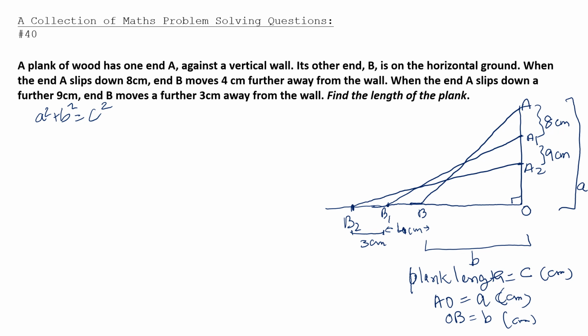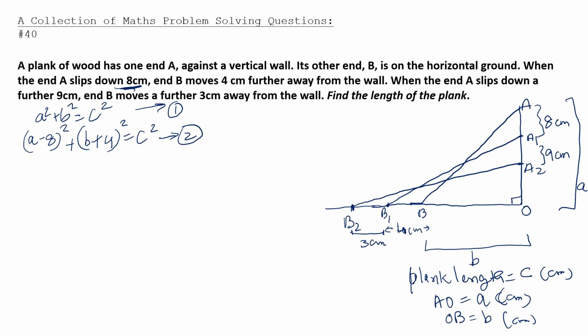When it moves down 8 centimeter, the equation would be (A minus 8) whole square plus the B is moving away, so it will be (B plus 4) whole square, and that equals C square. If the first was called 1, this would be equation 2.